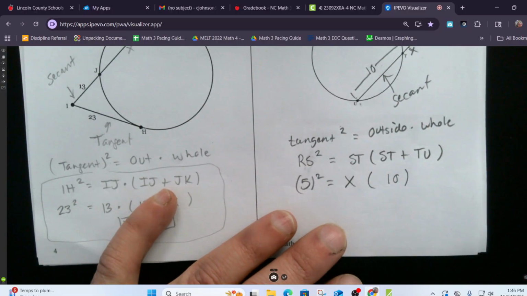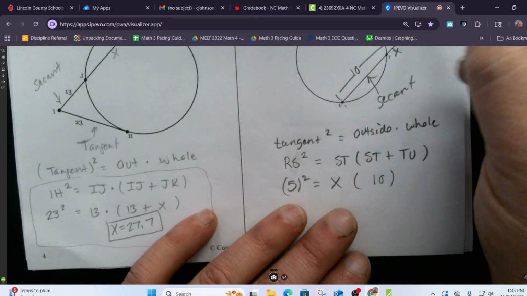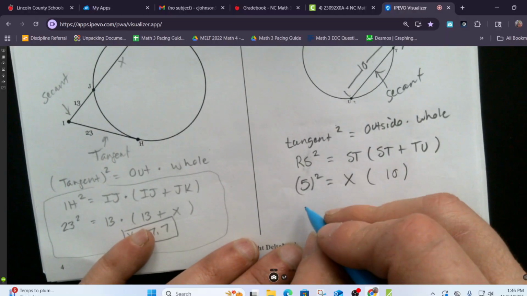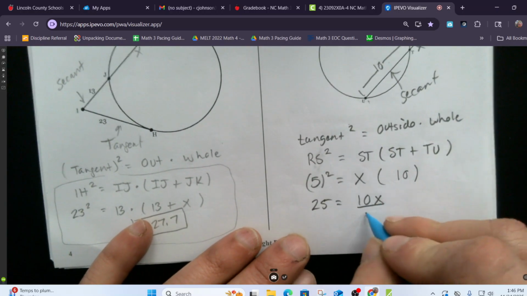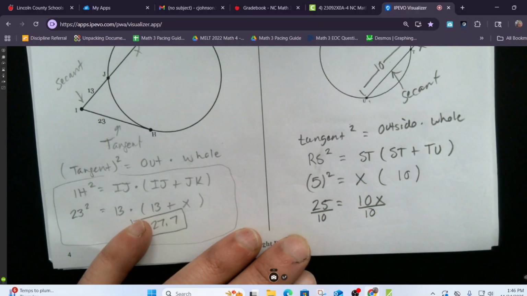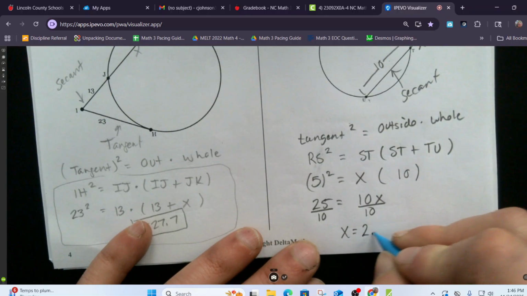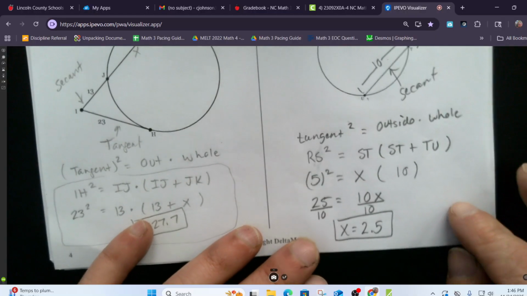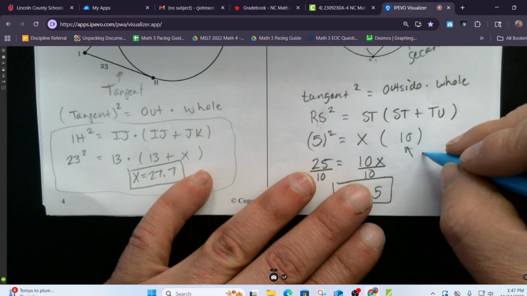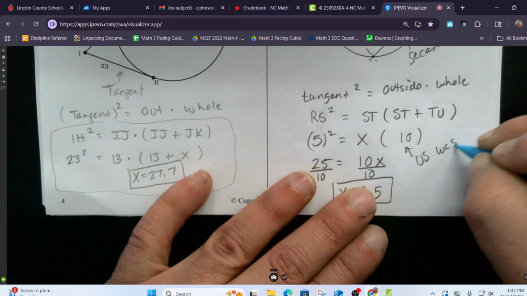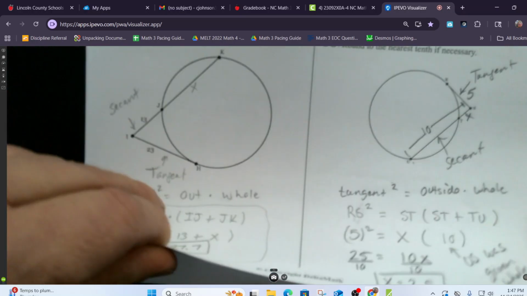So the whole thing is 10. So the answer would be 2.5.